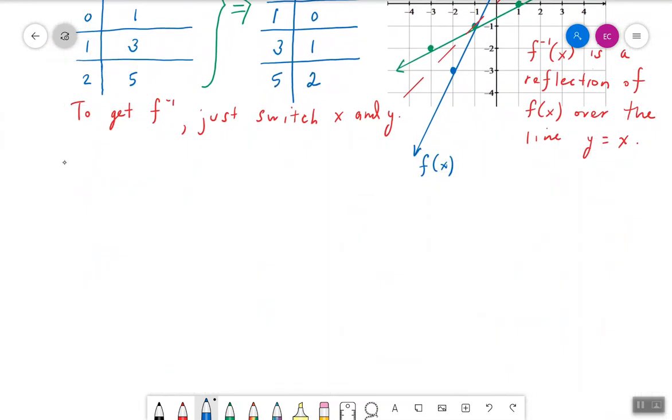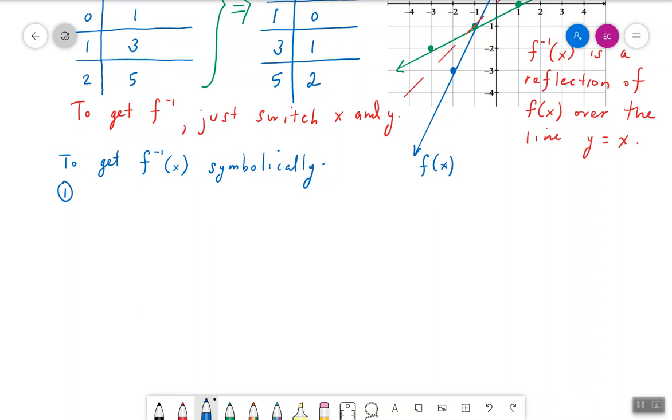So to get f inverse symbolically, we're going to follow a little four-step process.